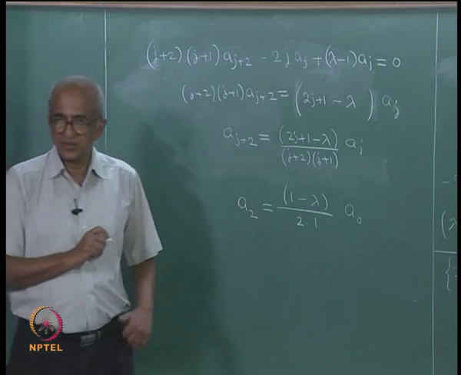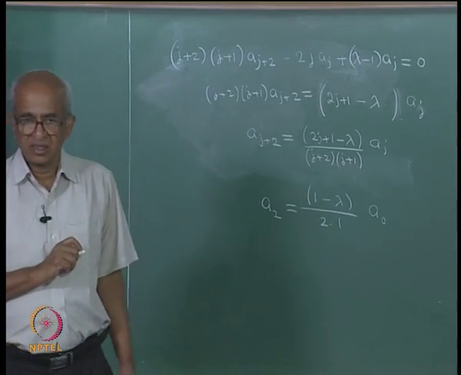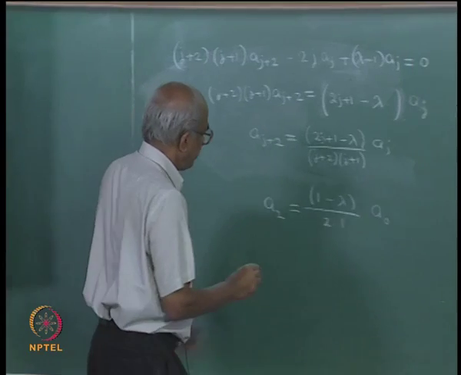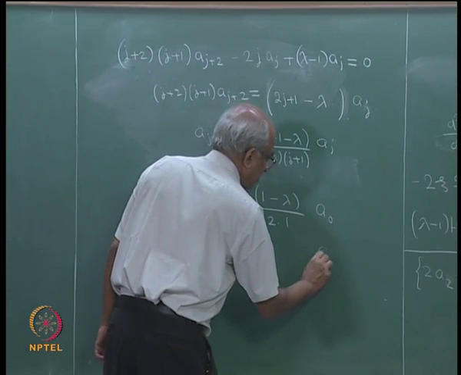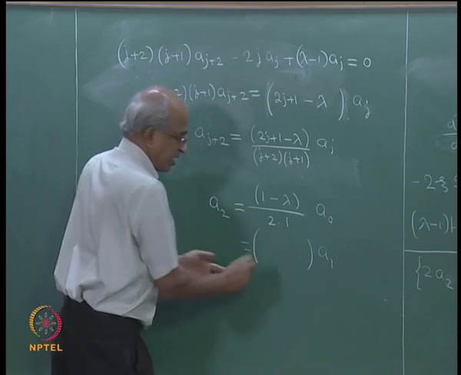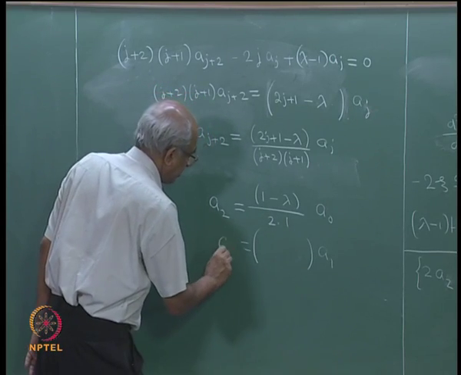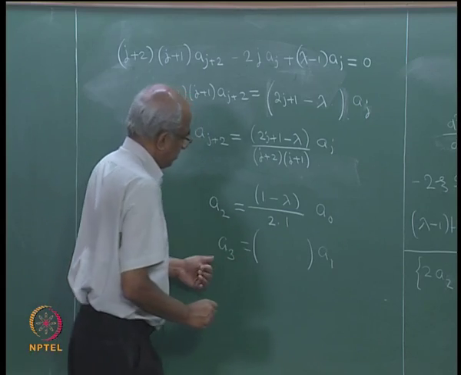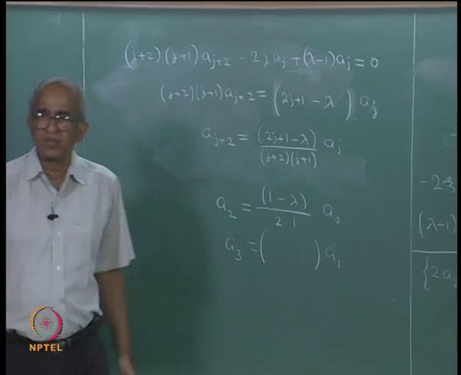That is what this says, correct. And similarly, if I put j is equal to 1, you will find a1 here. I am not going to write this, you can easily write what it is, and that actually will give you the value of a3.